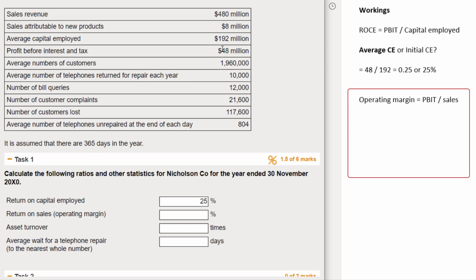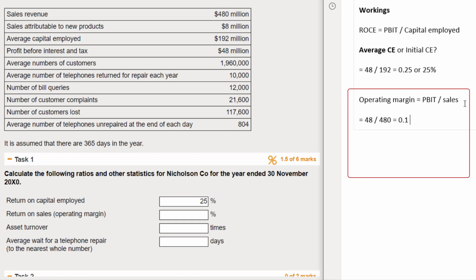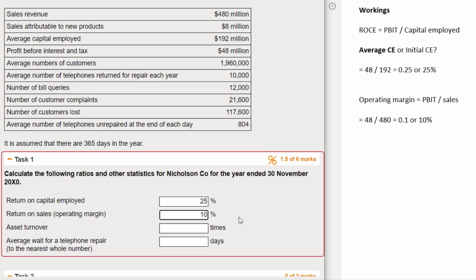I've got my PBIT figure here of 48 million and my sales revenue is 480 million. And that comes out at 0.1, but look, it's a percentage that's required, and therefore that's going to be converted into a percentage, which is 10%. Lovely. My next number, I'm off to a great start here, flying through, really confident I've got those right because I know my formulas. What about asset turnover?